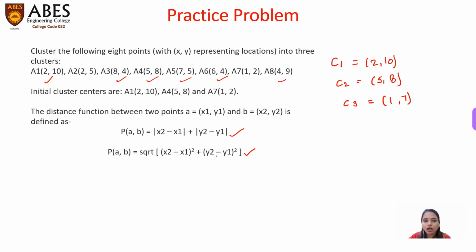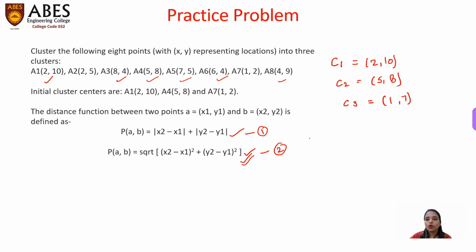The value of the distance will differ for each formula, but the groups, the clusters we form after the iterations will be the same. So we can use either, but if the question says to use the Euclidean distance formula, then you have to calculate the distance using Euclidean distance.